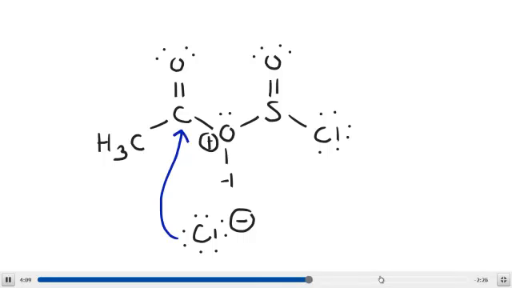So lone pair electrons add to the carbonyl carbon. You can't have 5 bonds, so we break the pi bond to the oxygen.